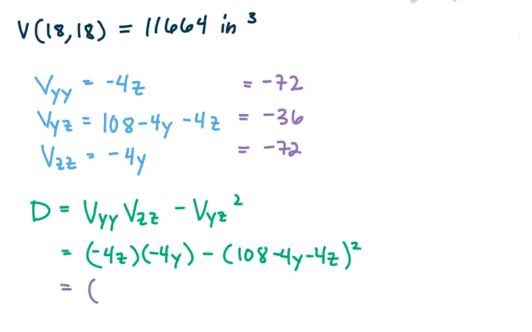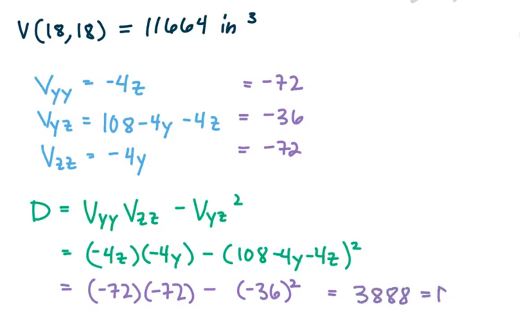So essentially we have -72 times -72 minus -36 squared, and that value for my discriminant is 3,888. So what conclusions can we draw?